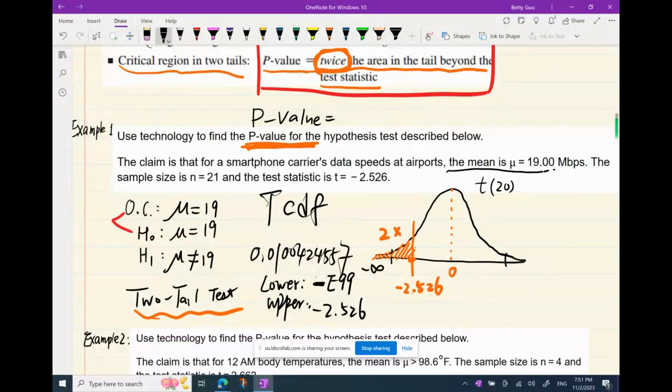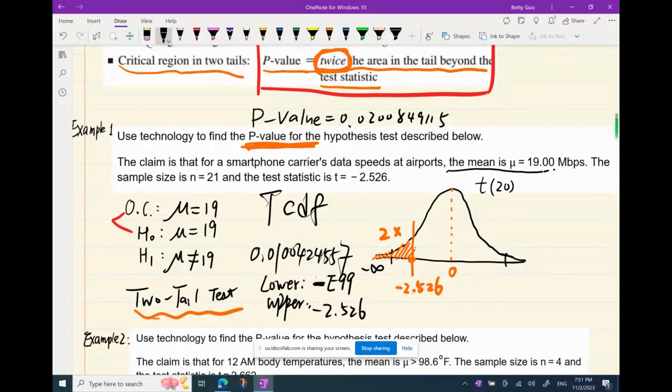The more time you spend with the calculator, the more familiar you are with it. So it's 0.0200849115. Round the number as needed depending on the requirement of the question.